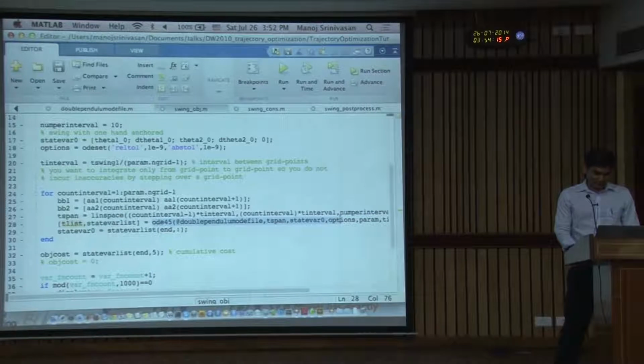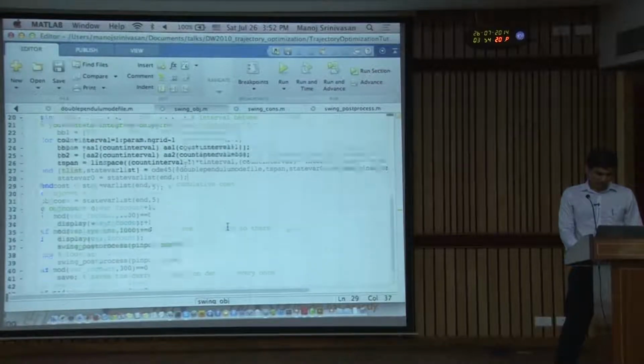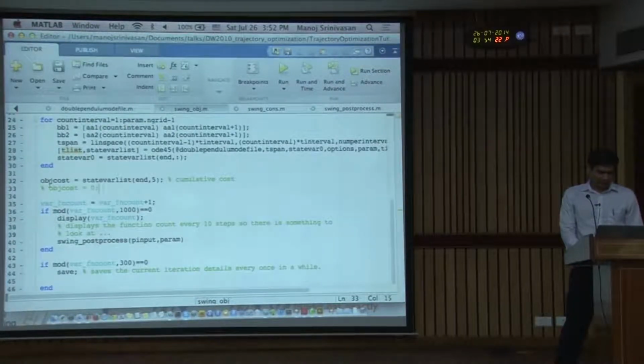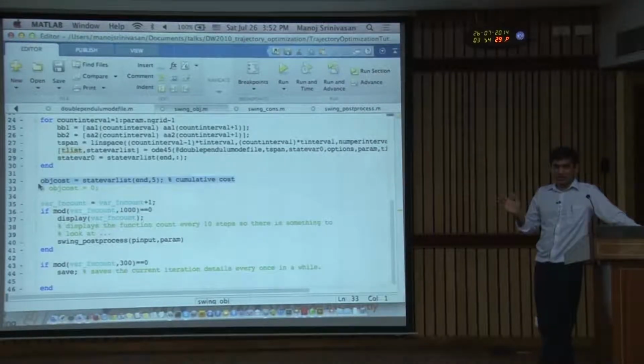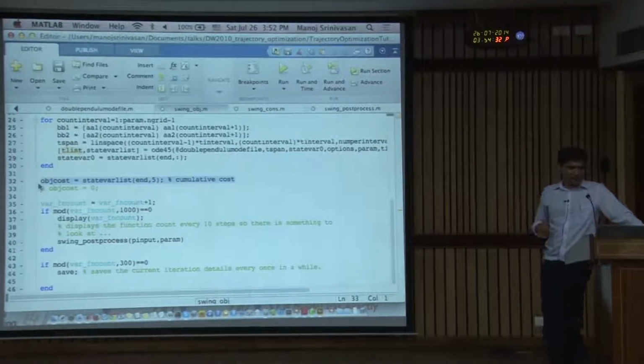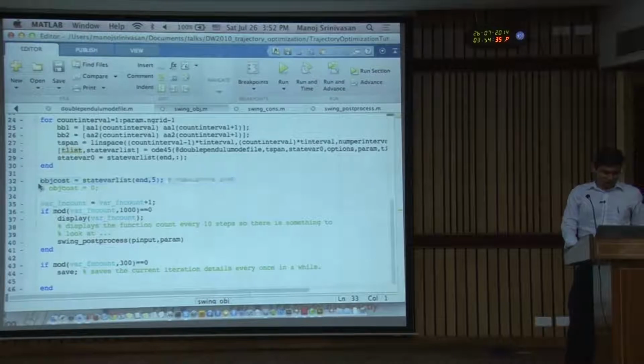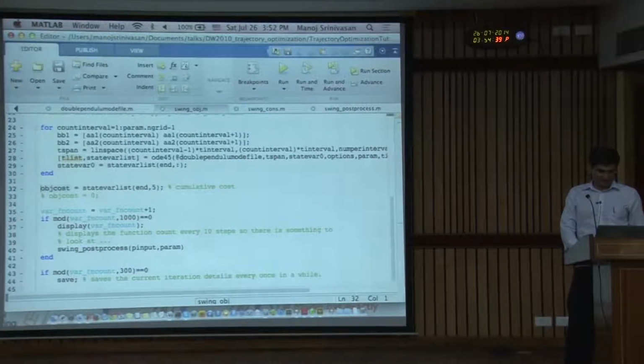That's the place where you evaluate the motion, and having evaluated the motion, you can compute the objective function. In this particular case, the objective function does not really depend on the motion itself because it's just torque square, which is directly known. But for a more complicated objective function, it will depend on the motion. So essentially, the objective function has a little ODE simulation.